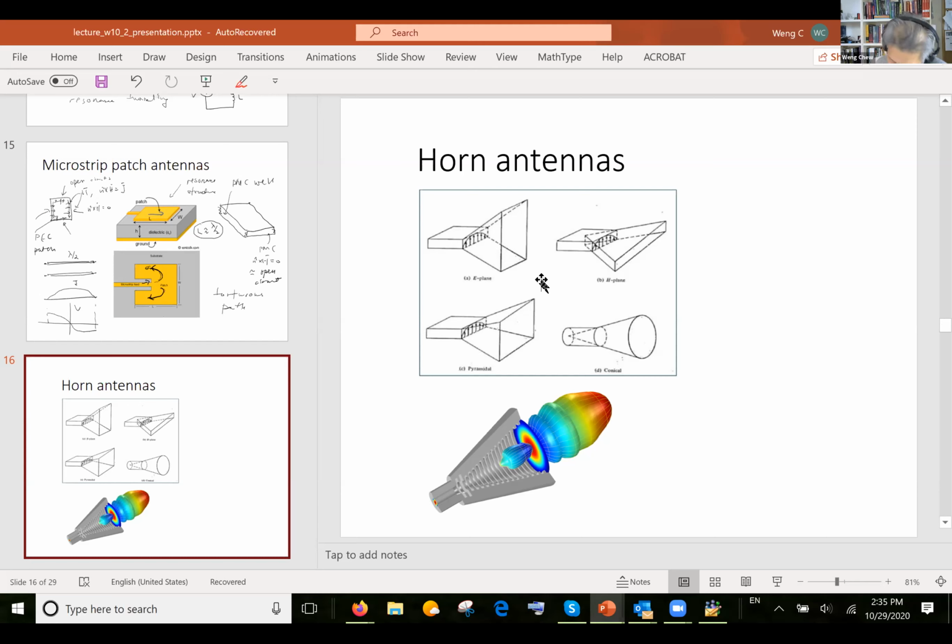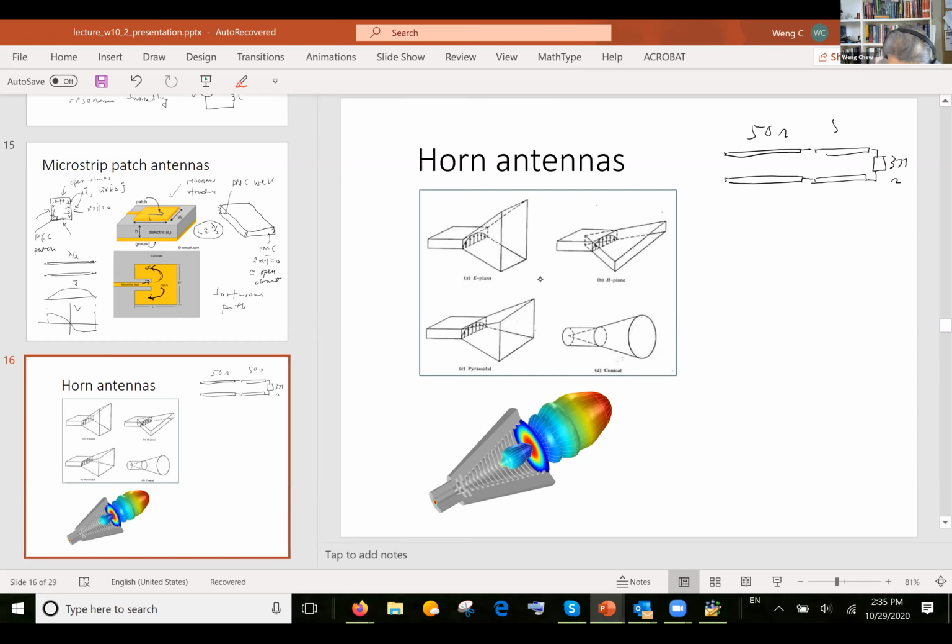Okay, and you probably learned that most transmission lines have 50 ohms in the characteristic impedance, but free space has an impedance of 377 ohms. So if you think of a transmission line being terminated by free space, if this is 50 ohms, it wouldn't work. There would be a mismatch.